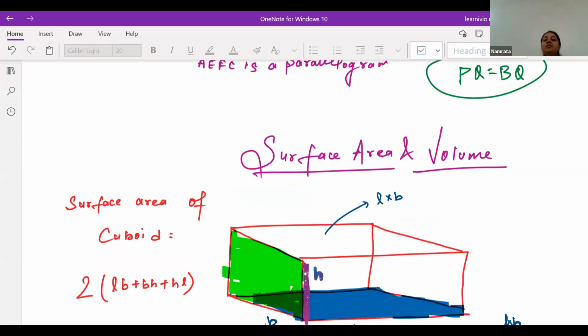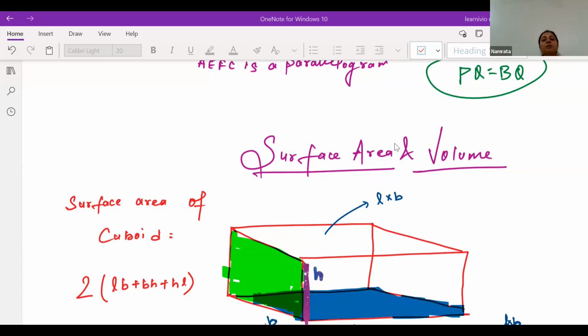Here we are going to discuss three-dimensional shapes only, or you can also say solid shapes. So we are basically discussing solid figures. A solid figure in mathematics is called a three-dimensional figure. A three-dimensional figure must have a proper height.